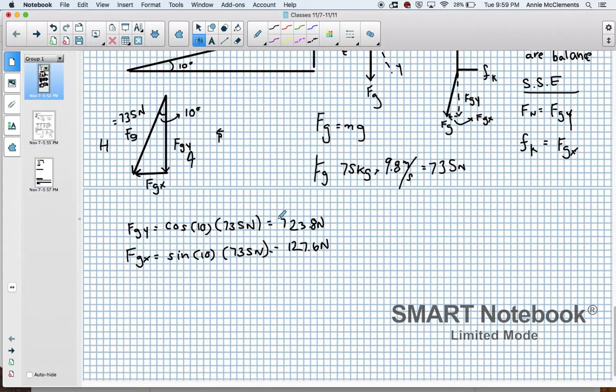Cool. So we've just done a little bit of trig here to figure out these components of the gravitational force. And actually in doing that, if we look back at our situational equations, we've solved for the normal force and the friction force, because they are equivalent to those components.